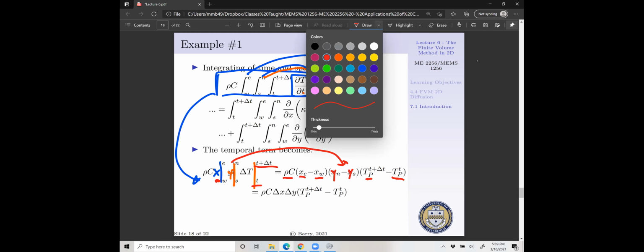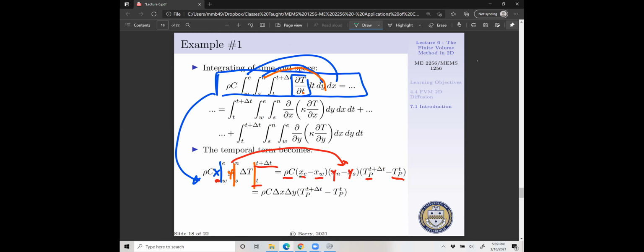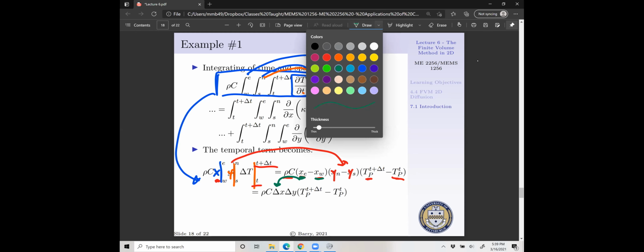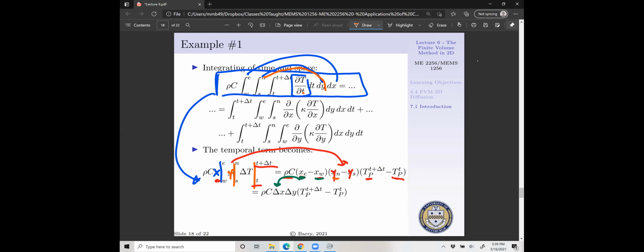Now, x at our east interface minus x at our west interface gives us delta x, the width of our cell. y at our north interface minus y at our south interface gives us delta y, the height of our cell. So our temporal term reduces to our density times our specific heat times delta x times delta y times the quantity t evaluated at the cell center of our center cell p at the time t plus delta t minus t of p evaluated at time t.